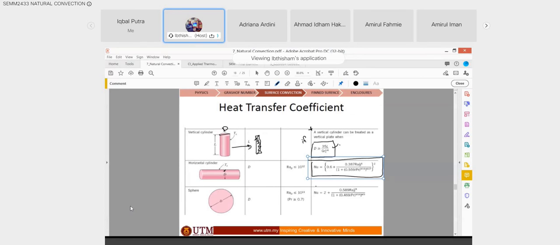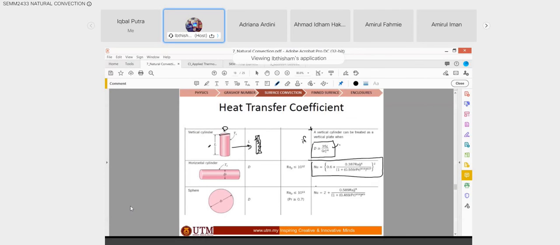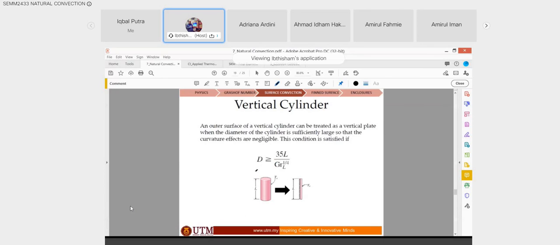Horizontal cylinder, we cannot use horizontal plate. So only vertical cylinder sahaja. So sekali kita tak sentuh, kita up to horizontal cylinder. So, okay, kat sini ya. So vertical cylinder can be treated as vertical plate if this is the condition. Kita kena met dulu.